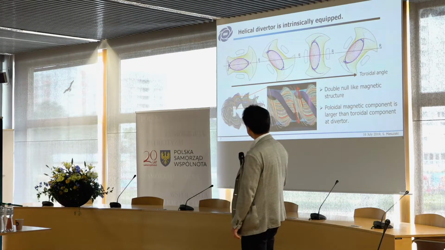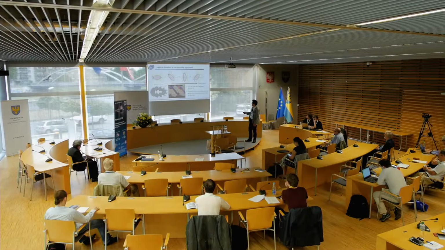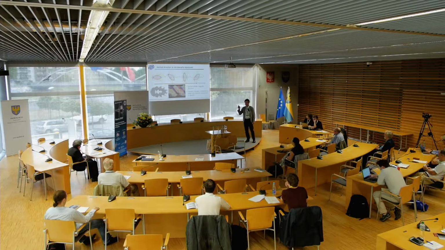The magnetic field lines surround the helical coil, so as a result such a divertor structure is generated naturally. Moving in the toroidal direction, the cross section rotates like this, so the divertor field line structure is modified with the toroidal direction.